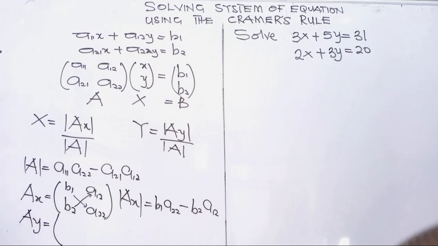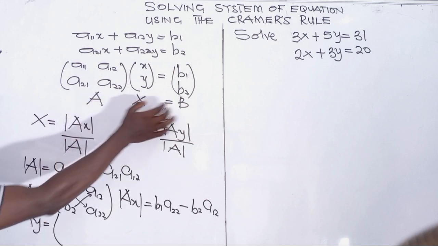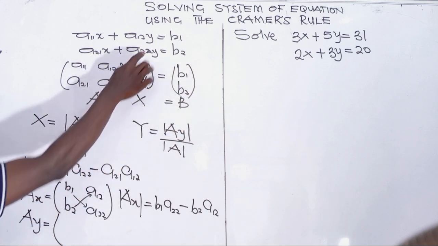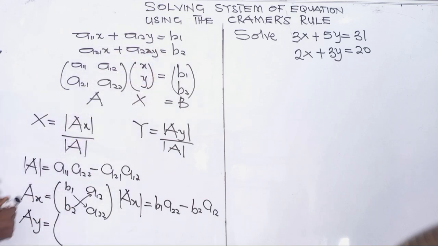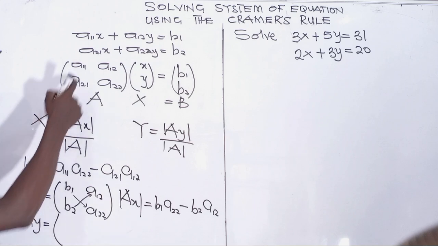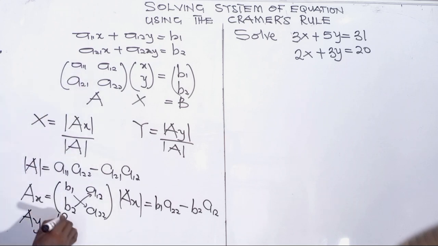Let's look at Ay. With Ay, we are going to replace this column with the constant matrix. We can see that this column represents the coefficient of y. So we replace this column with the constant matrix. So we have a11, a21, and then b1, b2.